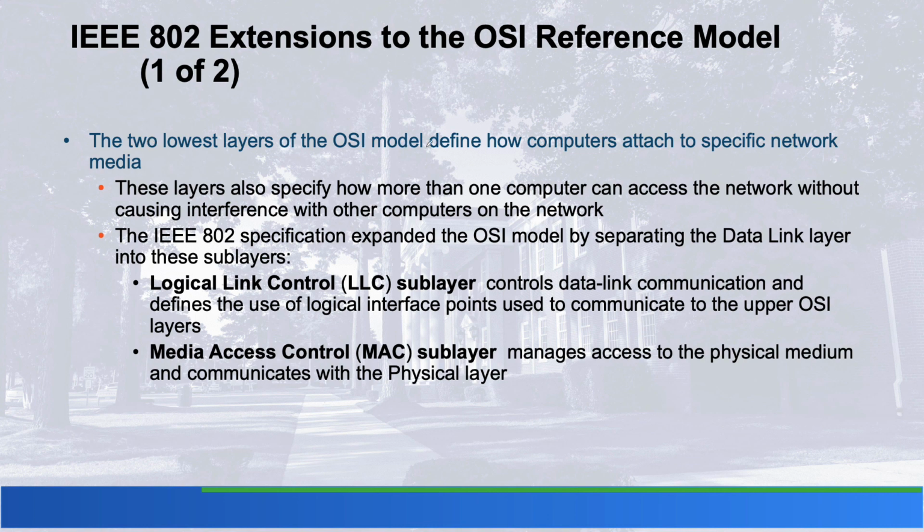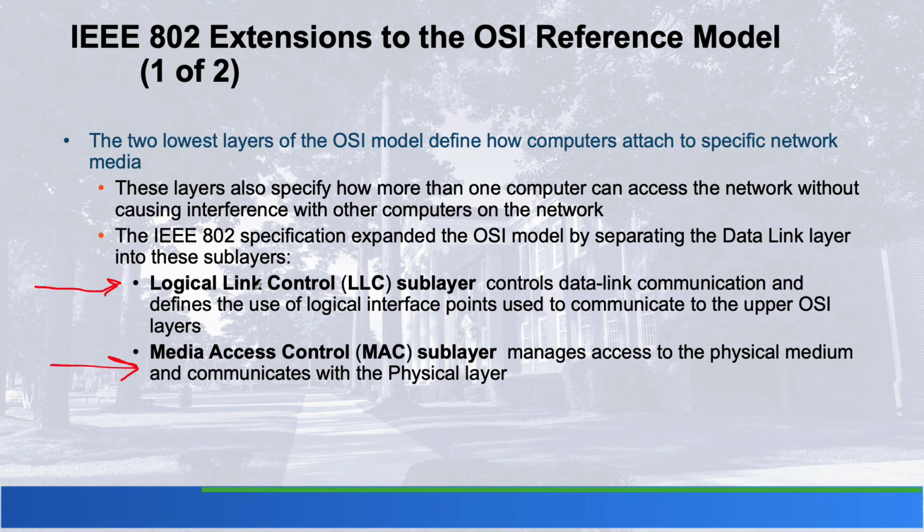The two lowest layers of the OSI model, the physical and data link layers, define how computers attach to specific media. The IEEE 802 specification expanded the data link layer into two more layers. One is called the logical link layer and one is called the MAC sublayer. So when 802 came along, it broke up the data link layer into two more layers.